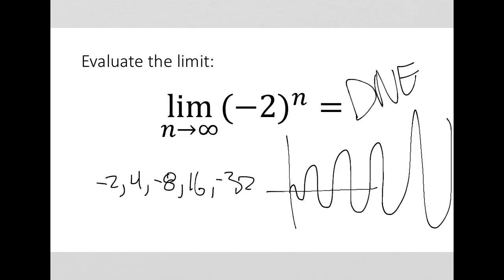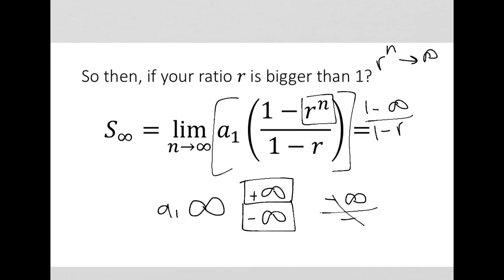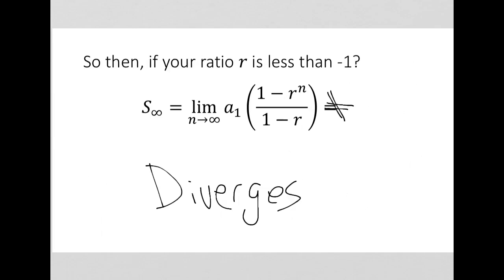Now let's be careful here because this sum right here also diverges, but this sum diverges to either positive infinity or negative infinity, whereas this sum right here just diverges and not to anything in specific. It's going to bounce back and forth forever. So it just diverges. We can't get any useful information from it.